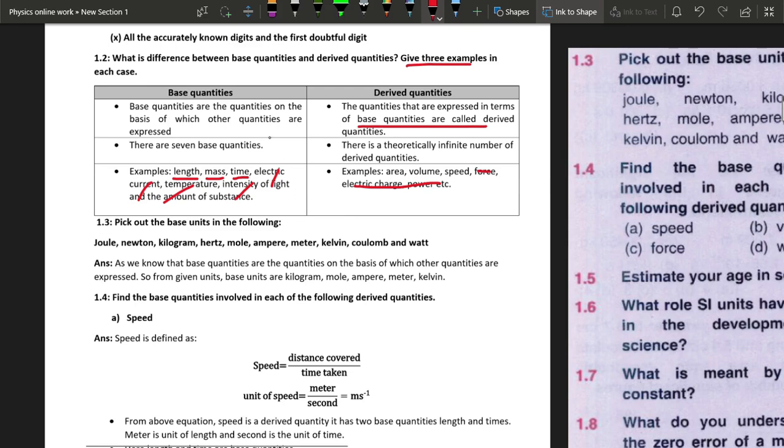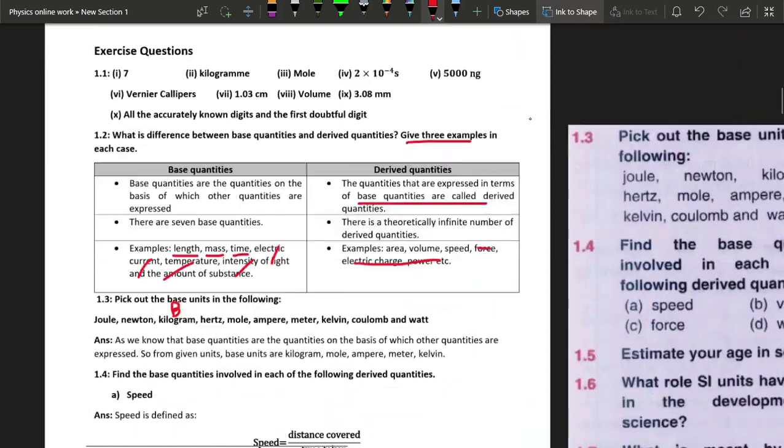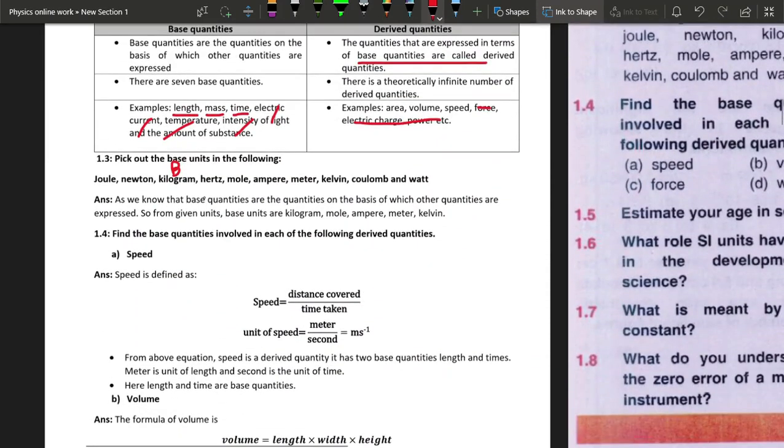Just write. Now question number 1.3 is pick out the base units from the following. Now we know that there are 7 base units. The first one is a kilogram is a base unit. You can refer to the table which is given in this lecture, or you can refer to the table from your book as well.